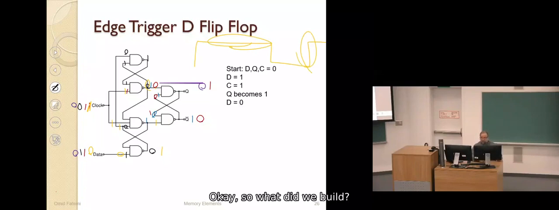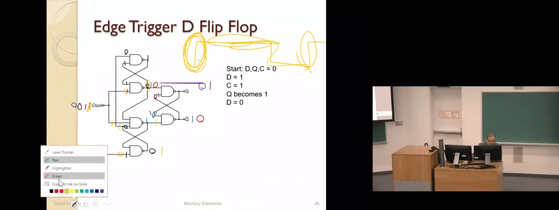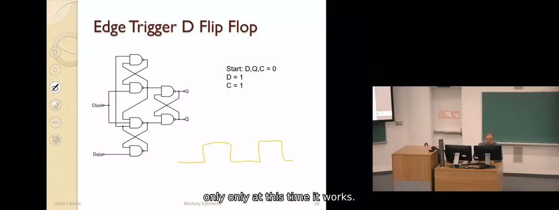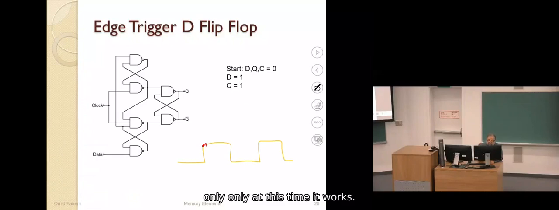Okay? So what did we build? We built an edge-triggered flip-flop. What do we mean by edge? We mean this. Just this time works. The rest doesn't work. So if this is the clock, only at this time it works.